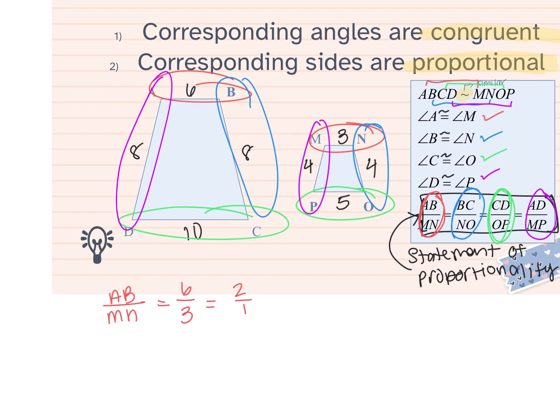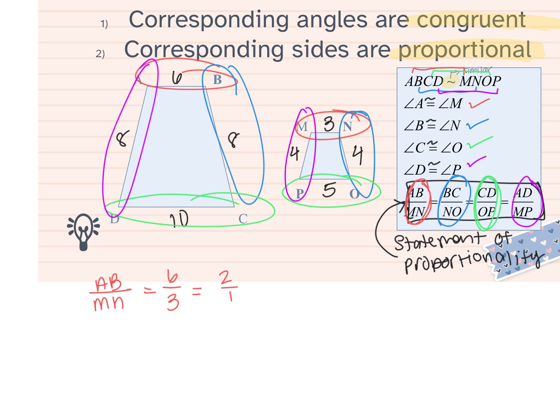Looking at the next one, again, finding our scale factor. BC over NO is the same thing as writing 8 over 4. Again, look at it, they're different numbers. And this is still going to be 2 over 1.